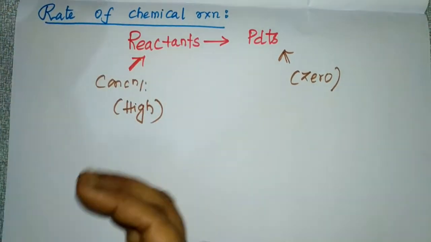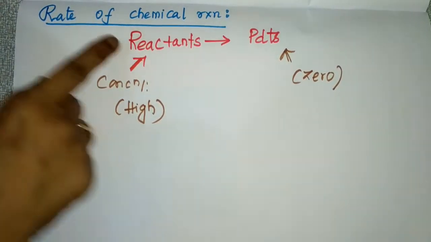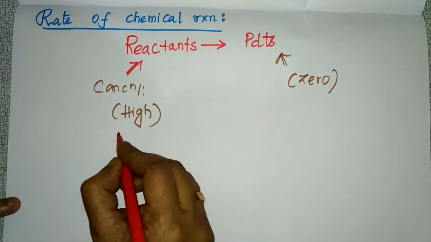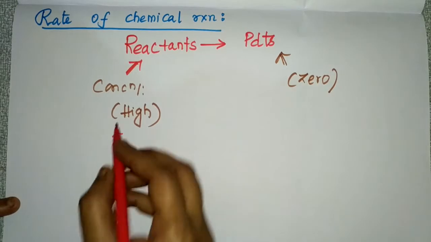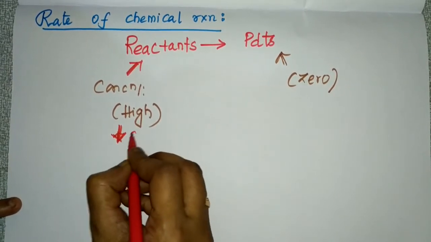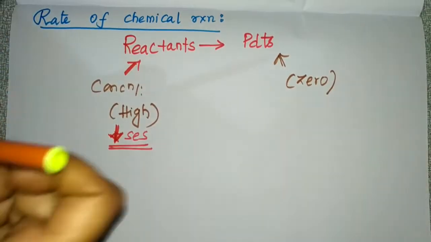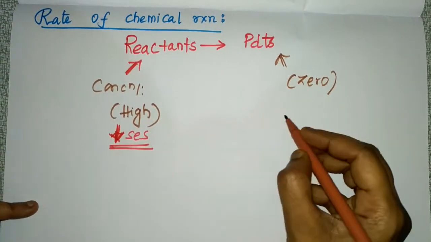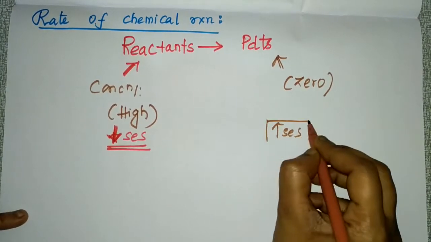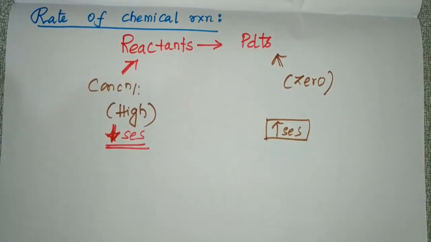Okay, and as the reaction proceeds, what will happen to the concentration of the reactant? As the reaction proceeds, the concentration of the reactant decreases. And what will happen to the concentration of the product? Increases. Concentration of the product increases.